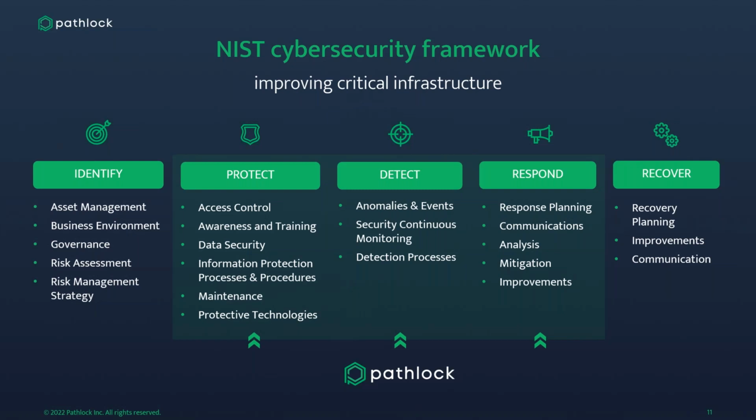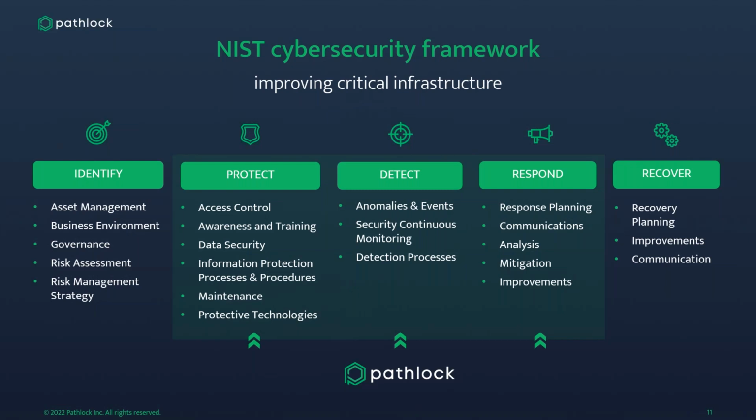Thank you, Raphael. I think most of you are already at least a little bit familiar with the NIST cybersecurity framework, which more or less contains five major pillars of a safe, secured critical infrastructure.